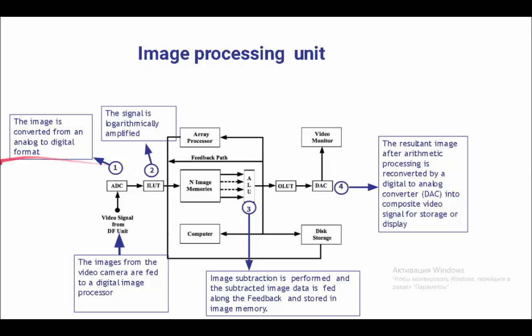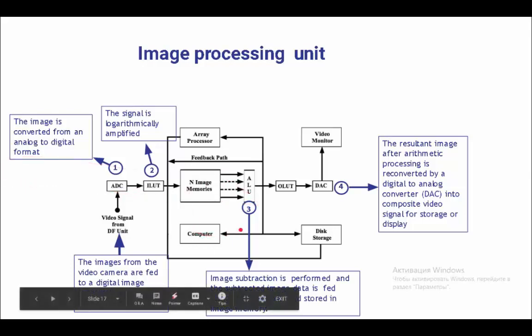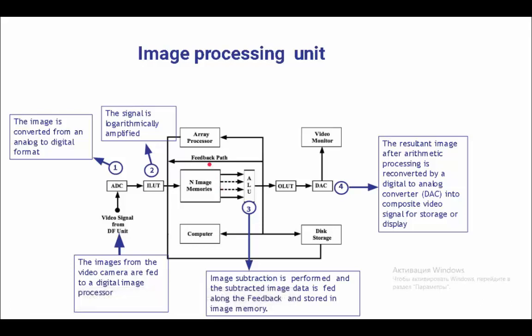Then the amplified image enters the image memories. So there are at least 3 image memories required for routine DSA. One for each of the mask and live images, and the third for the subtracted image. After that, the image subtraction is performed in the ALU, or arithmetic logic unit, and the subtracted image is fed back to the image memory where it's stored.